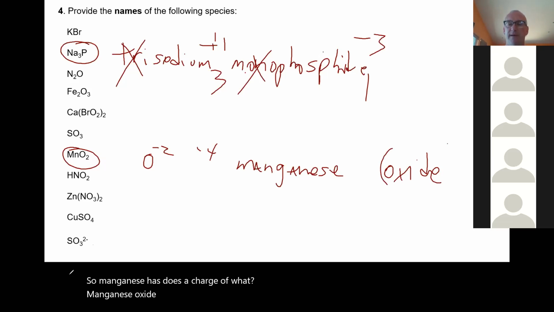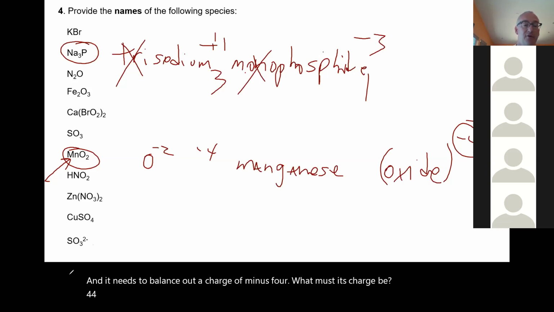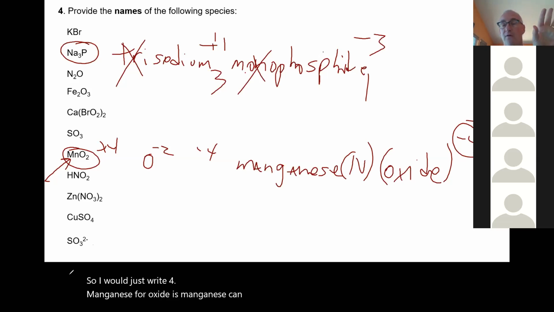So if my oxide part has a total charge of -4, what must my charge on manganese be? I've got one atom of manganese, and it needs to balance out a charge of -4. What must its charge be? 4 plus, exactly. It's got to be 4 plus. So I would just write 4. Manganese 4 oxide. Because manganese can have either 2 or 4. And so I just write down manganese 4 oxide.